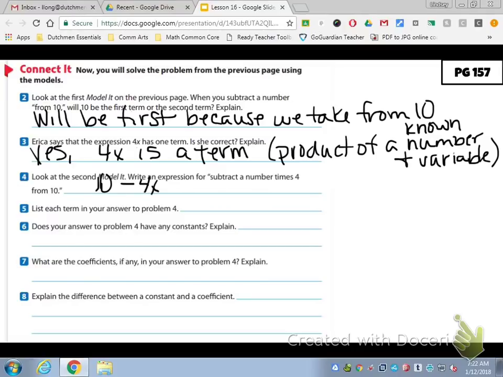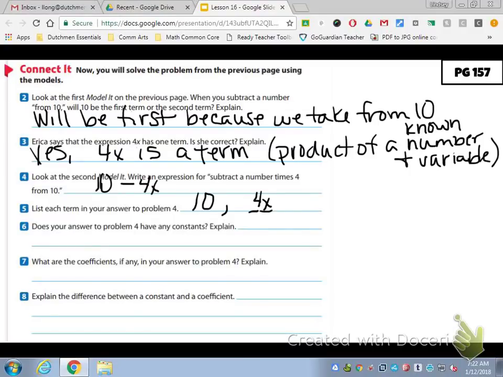So we get 10 minus 4x. Number 5, list each term in your answer to problem 4. Well, we have a known number, that's our constant, and then we have our known number times a variable, that is our coefficient with a variable.